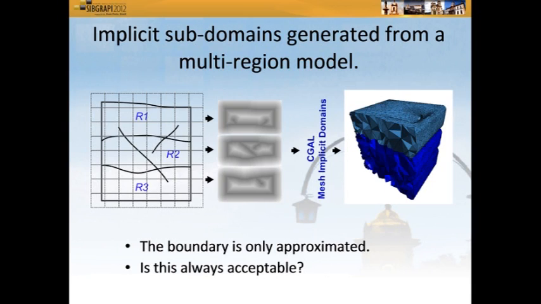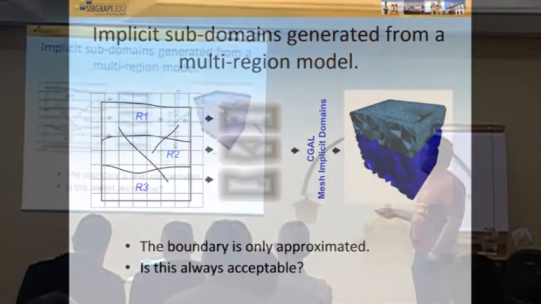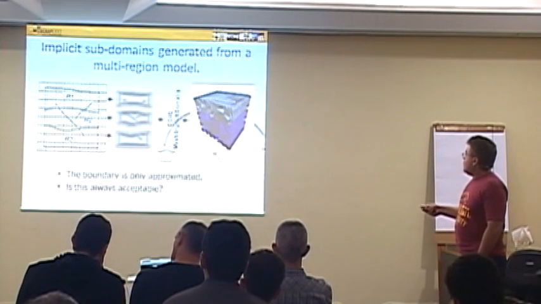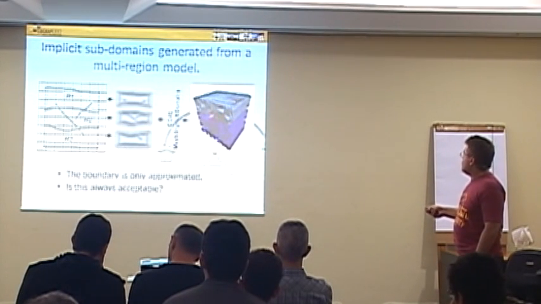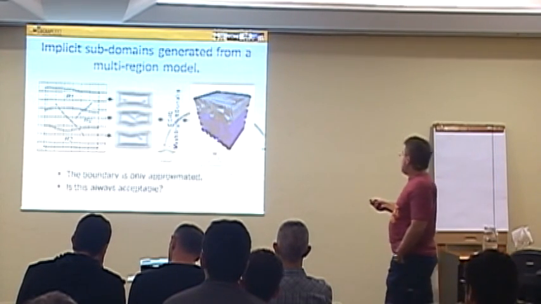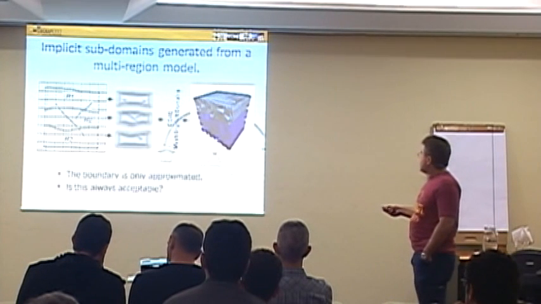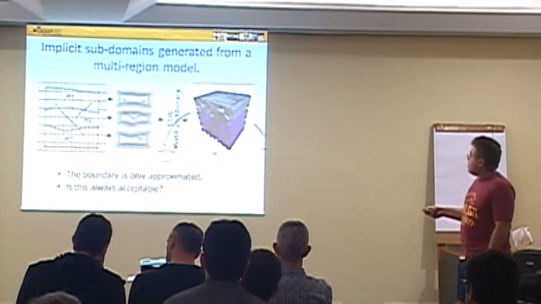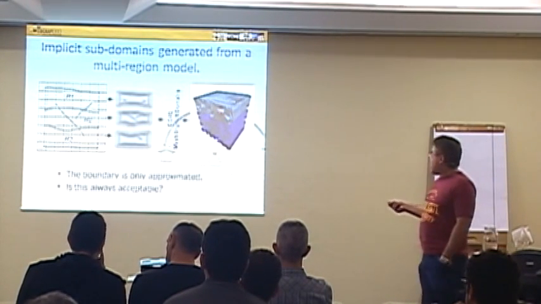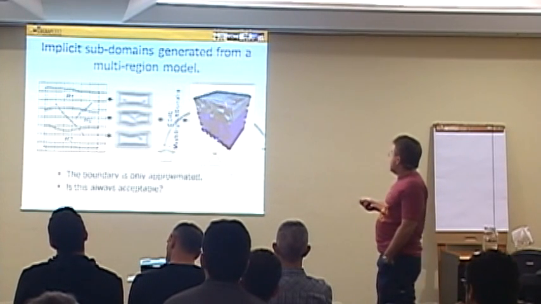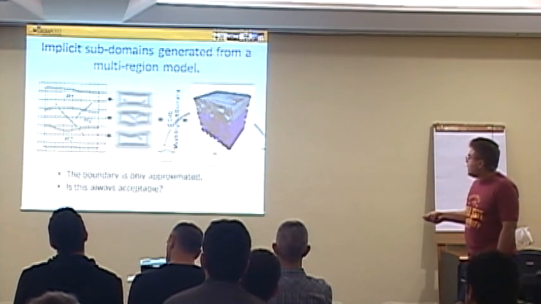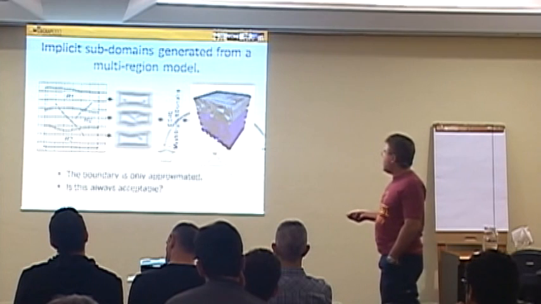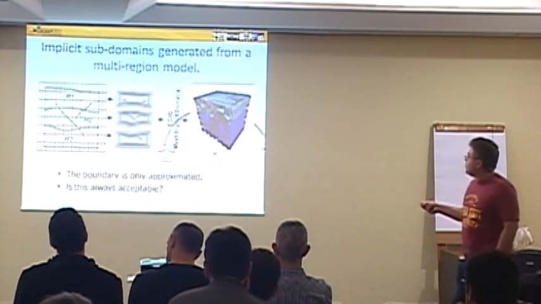And this is what we could do using CGAL. We would have to transform our input into an implicit domain to obtain the final triangulation here. As we can see, the boundary is only approximated using this methodology. This may be acceptable in some applications, but we have some cases where this is not what we would like to have.